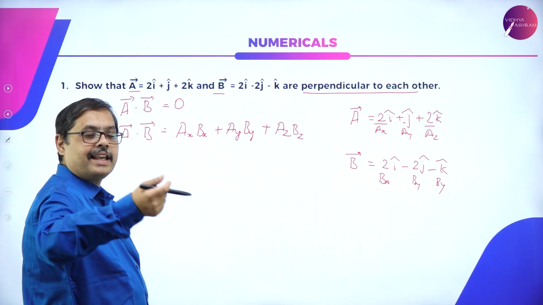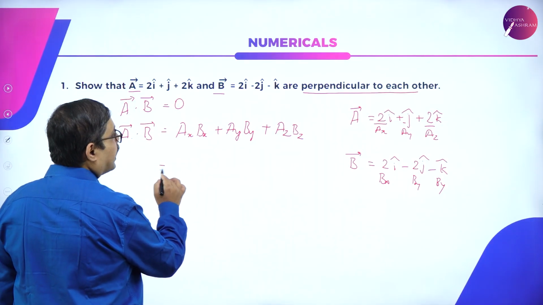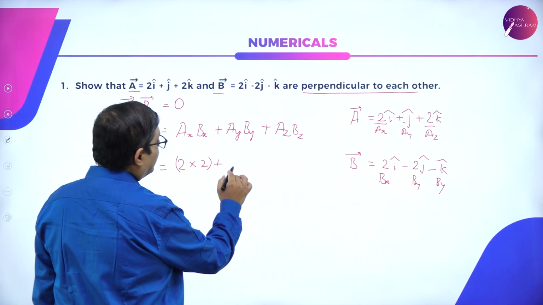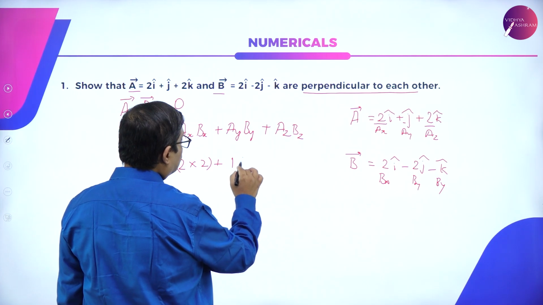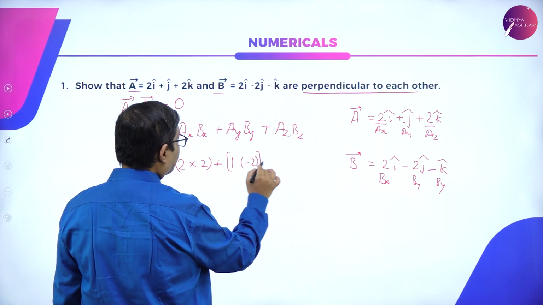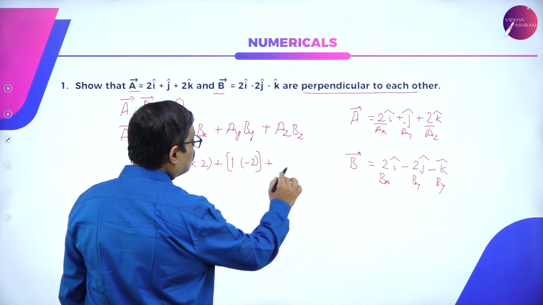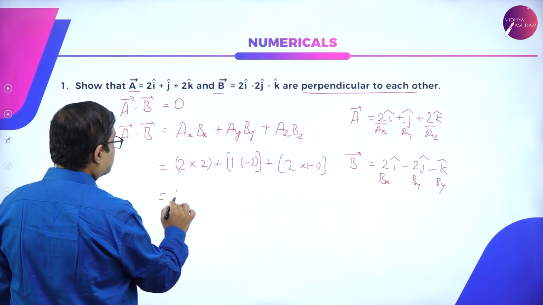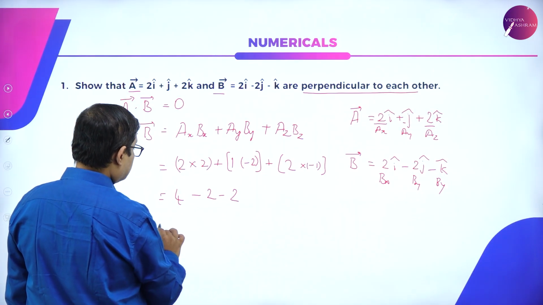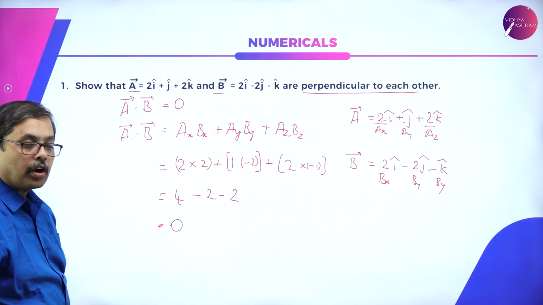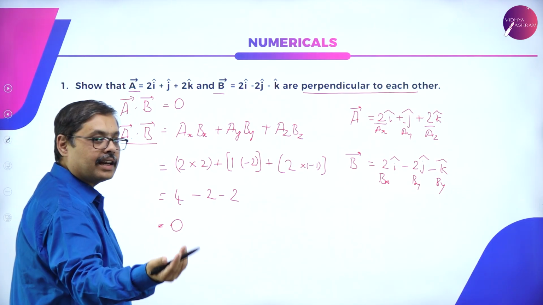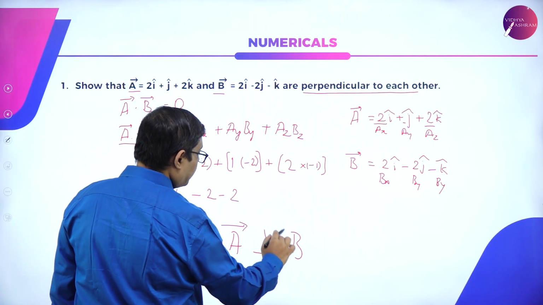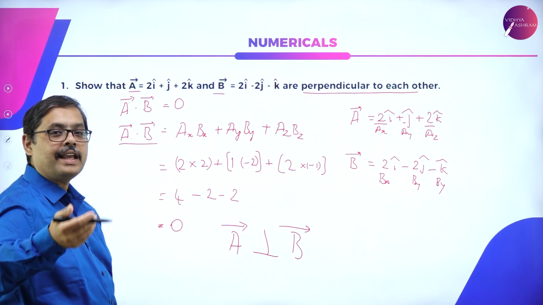So I have 2 into 2 plus AY is 1, BY is minus 2, 1 into minus 2 plus 2 into minus 1. This is 4 minus 2 minus 2. This is 0. So once the dot product of the vectors is 0, I can conclude that vector A is perpendicular to vector B. Okay, we are starting off with very simple problems.